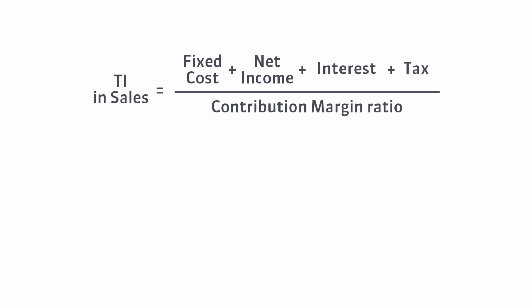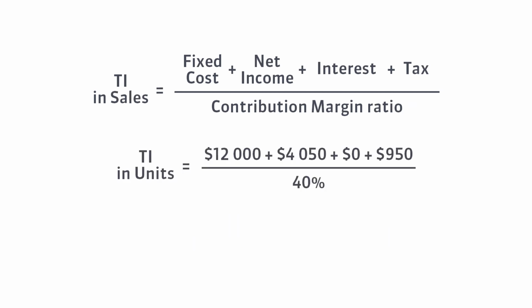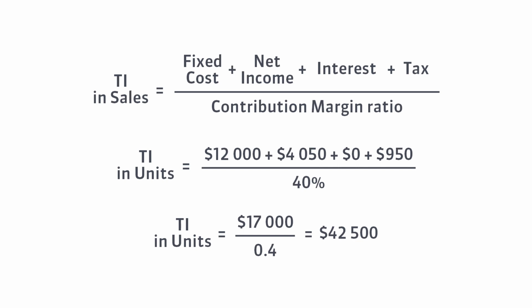Let's also calculate the value of the target income expressed as a sales value. As you can see, the value of sales needed to reach the assumed target net income is the same as in the case of operating income, provided that the interest and tax are added.